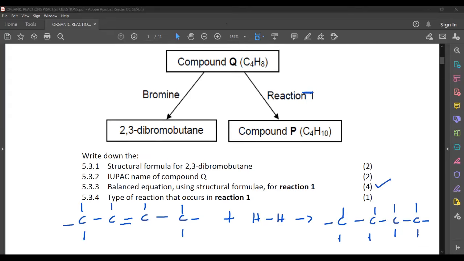I think that's what Babalo or whoever was asking me about this. But the type of reaction that occurs in reaction 1, obviously, is hydrogenation. If you say addition, it's still correct. Technically, it's still correct. Why do I want to run away from that? What if the question was phrased like this?